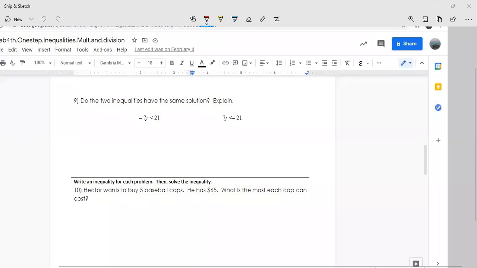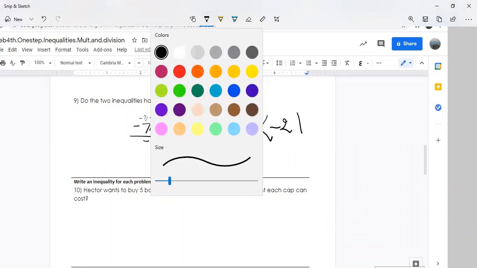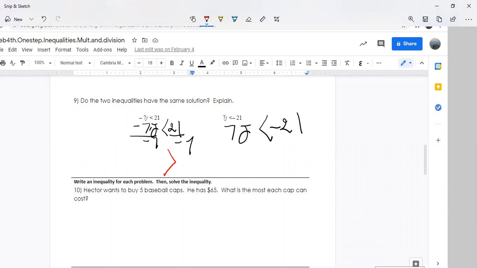All right, number 9 says, do the two inequalities have the same solutions? To get that answer, let's solve them first. Let me write it bigger: negative 7j less than 21, and 7j less than negative 21. Here I'm going to divide both sides by negative 7. Since I divided by a negative, I have to switch the symbol, and this cancels, and I'm left with j. 21 divided by 7 is 3, and a positive divided by a negative is a negative, so j is greater than negative 3.